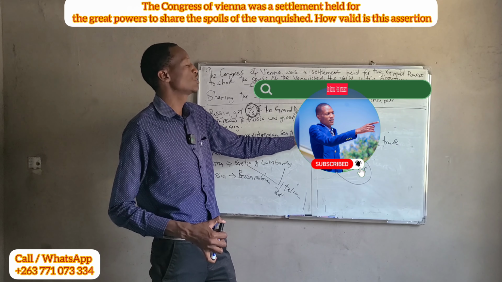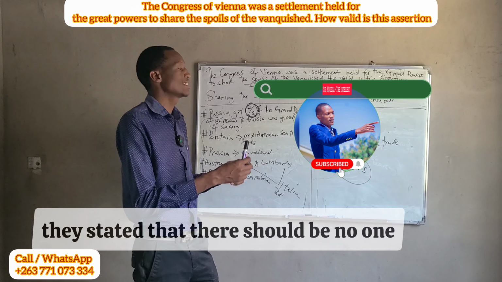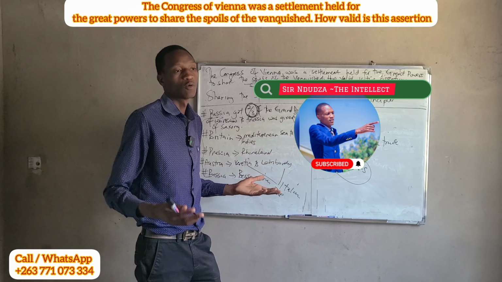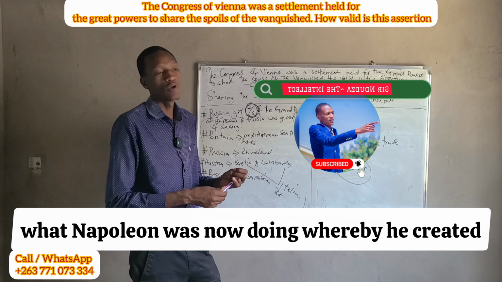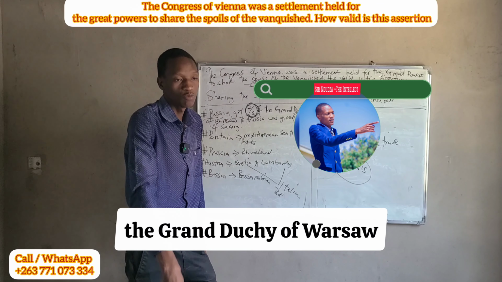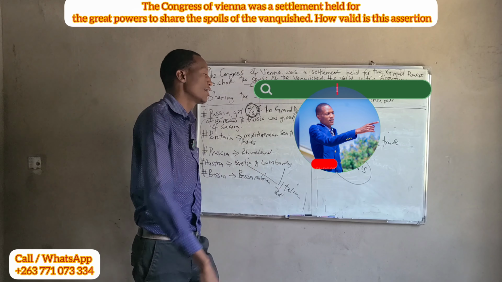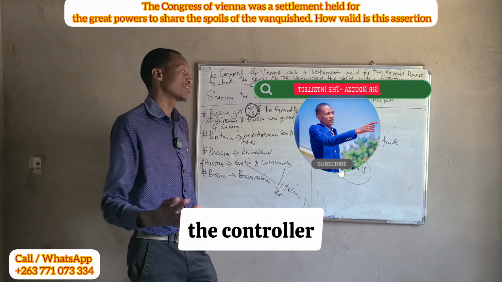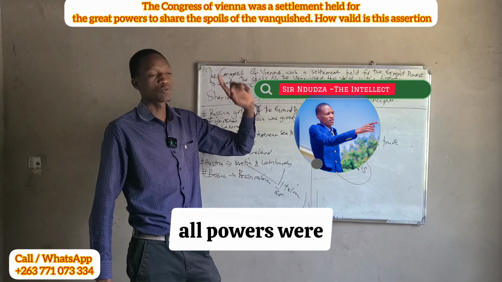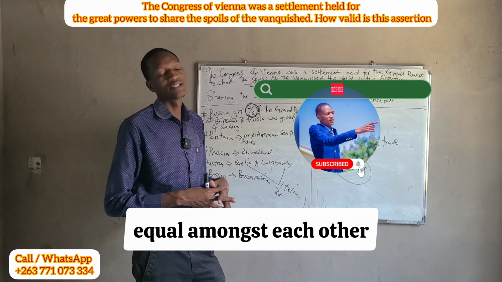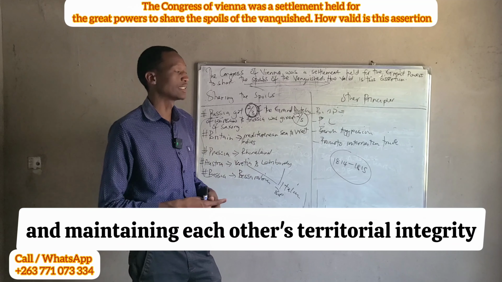It was the ideology whereby all the European states stated that there should be no one who is above others. For example, like what Napoleon was doing, whereby he created the Grand Duchy of Warsaw and he was the controller. So they wanted to initiate the ideology whereby all powers were equal amongst each other, maintaining each other's territorial integrity.